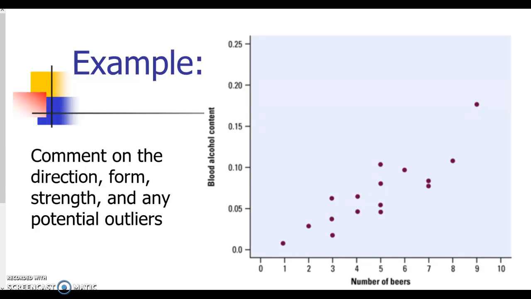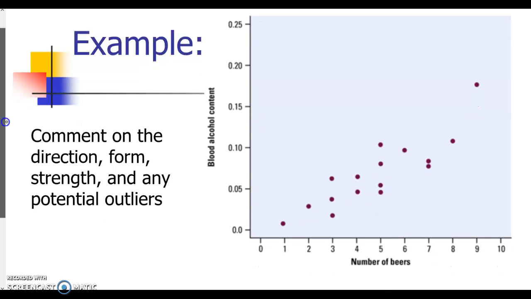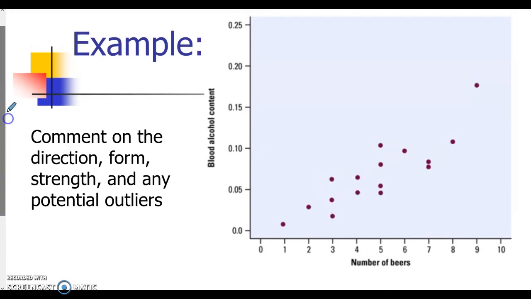If we take a look at this example, okay, our explanatory variable is number of beers consumed, and the response is blood alcohol content. So obviously, the more beers a person would consume, the higher the blood alcohol content. So direction, form, and strength. So for form, the best way to describe it would be to look to see if the data is linear or nonlinear.